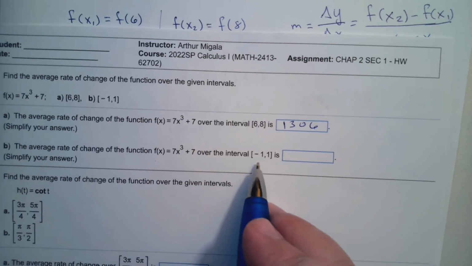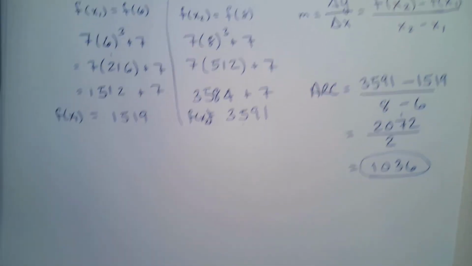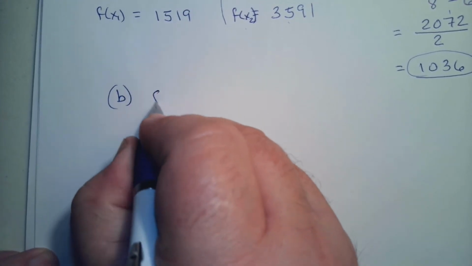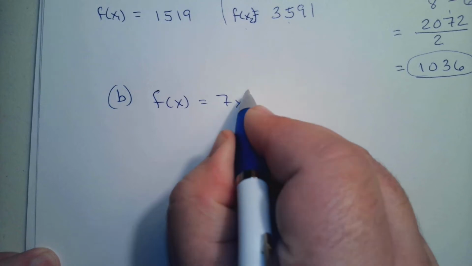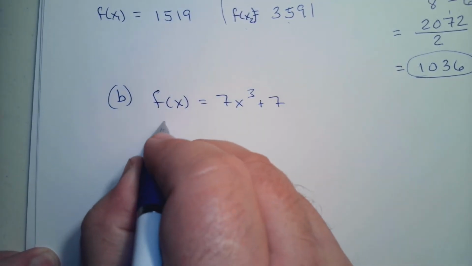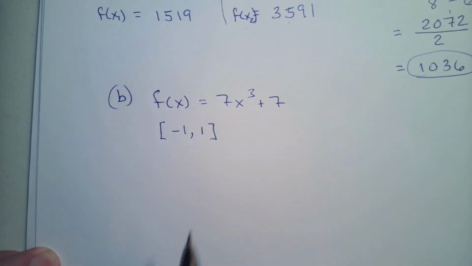We do the same thing for the next one. We use the same function, but this time we're doing the interval -1 to 1. So our function is 7x cubed plus 7 on the interval -1 to 1.